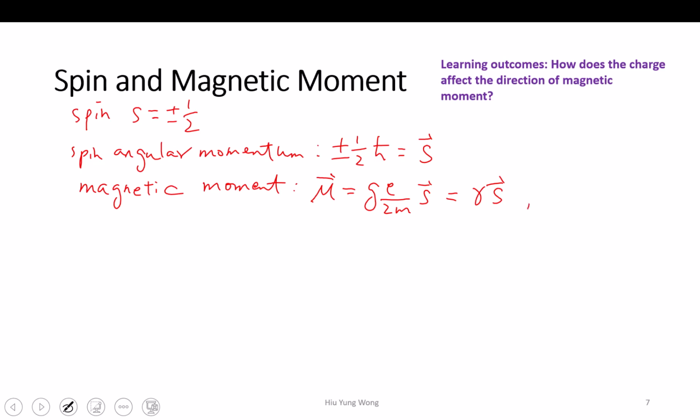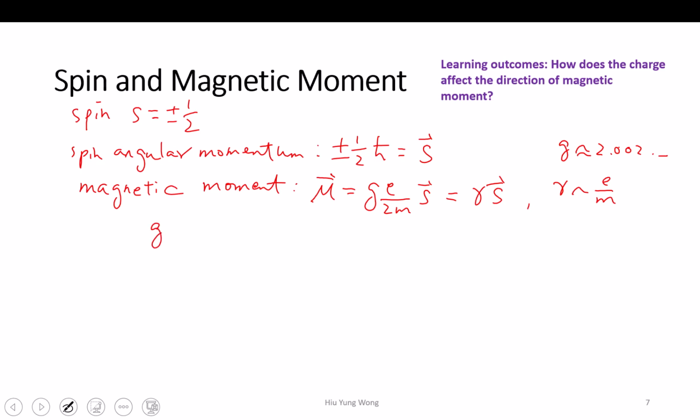This gyromagnetic ratio is gamma. G is just a constant, very close to 2. So this gamma is very close to e over m. I just want to let you know two things.